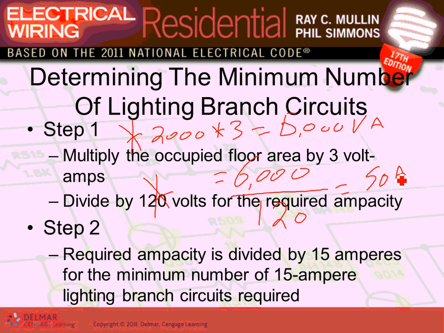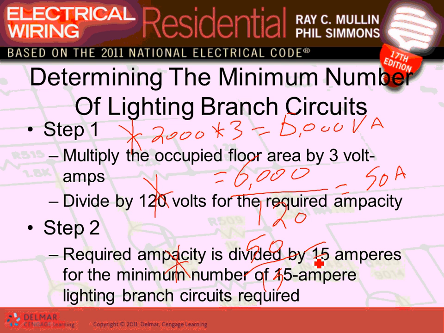Obviously, you're not going to have a 50 amp circuit. What size circuit will we use, unless they tell you otherwise? 15. If you want to use a 50 amp circuit breaker and feed all your receptacles and lights with number 8 conductor, you're good. But typically we don't do that. We use 15 amps. Then you take the 50 divided by what? 15. Anybody know why 15?